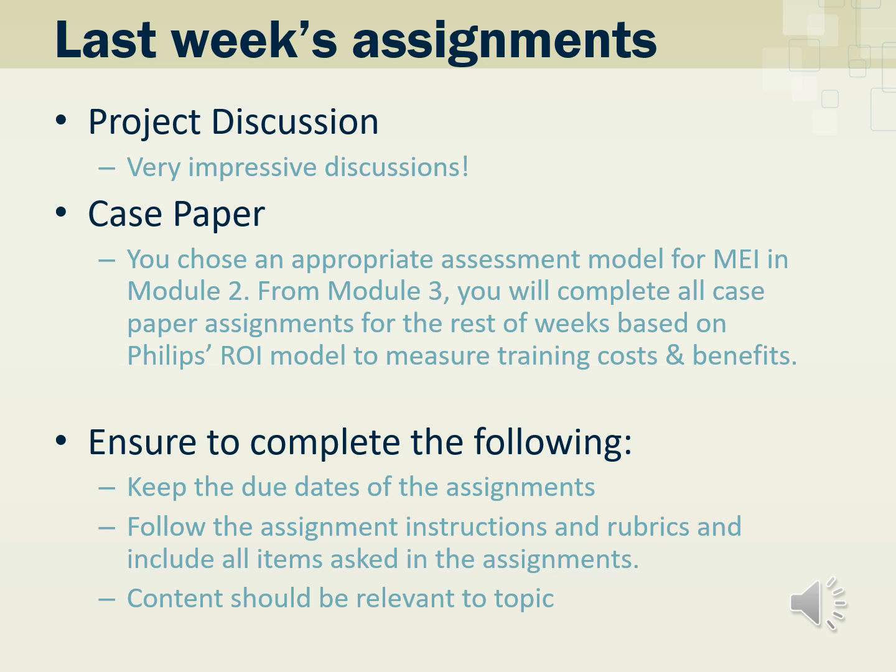Other models do not focus on measuring ROI, which means you won't be able to assess training cost and benefits correctly. I understand that shifting models may not be ideal, but to successfully complete your assignments and meet the course outcomes, the Phillips ROI model must be used for the rest of the case assignments.